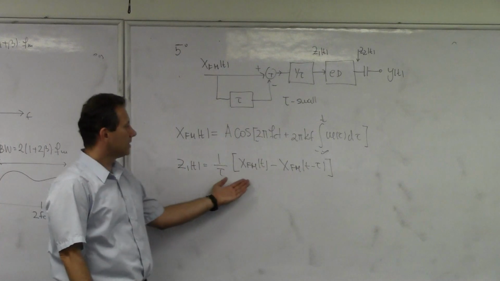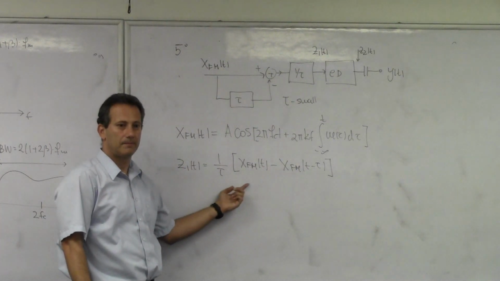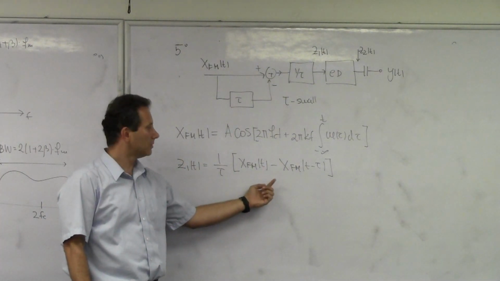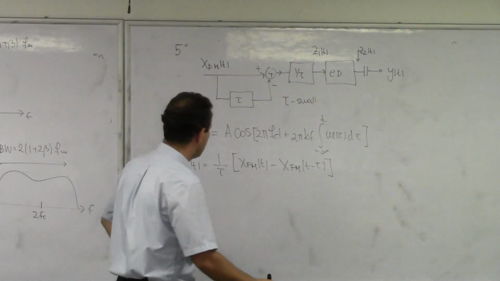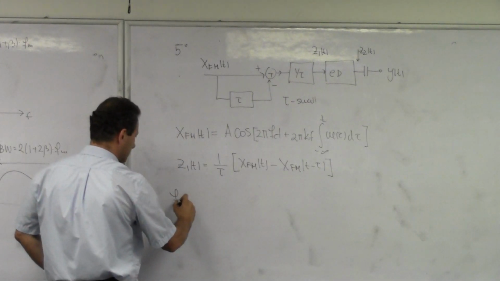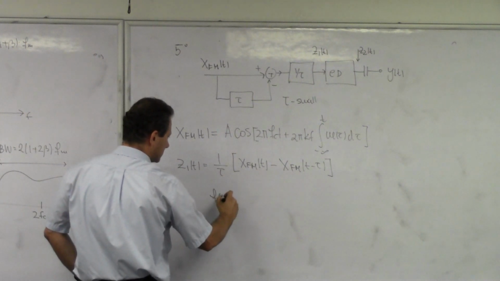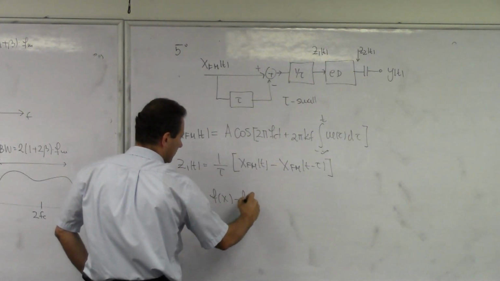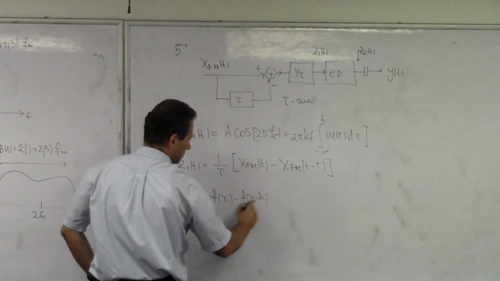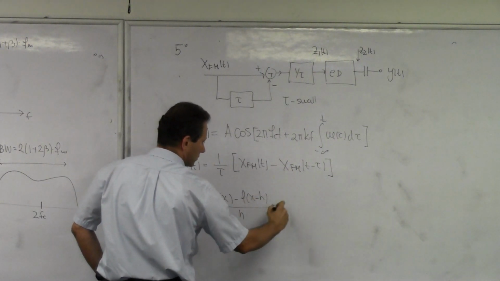Now let me ask you this. What is this? Well, if I have a function f of x, and what is f of x minus f of x minus h, over h, for small h?